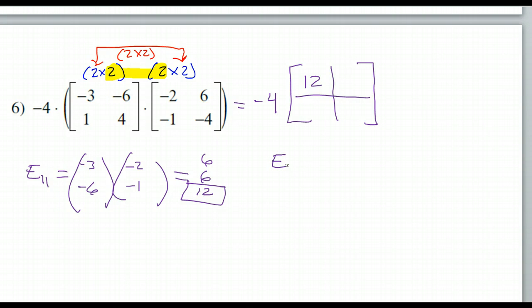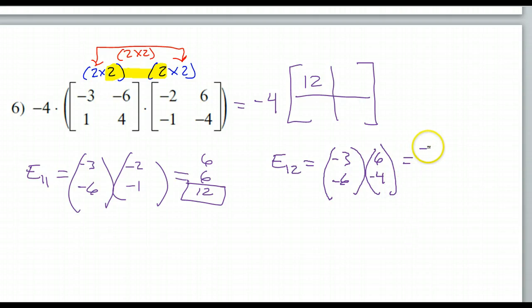This will be element 1, 2, because we need row 1, which is -3, -6. That's row 1. And now we need column 2, which is 6 and -4. That gives us -18 and +24, and that gives us 6. So that's going to be a 6.